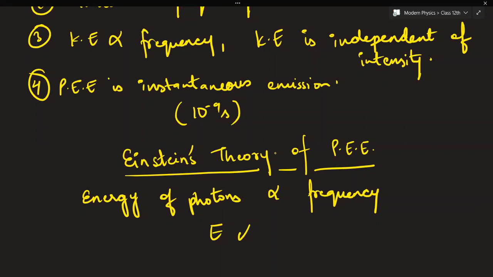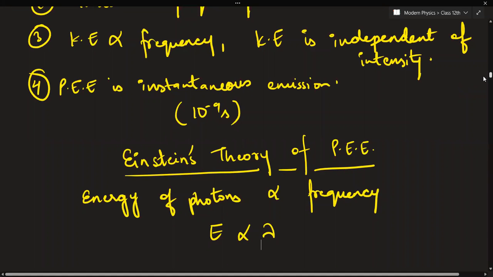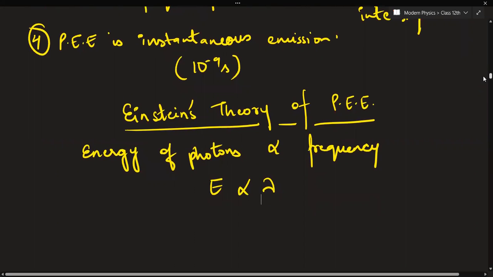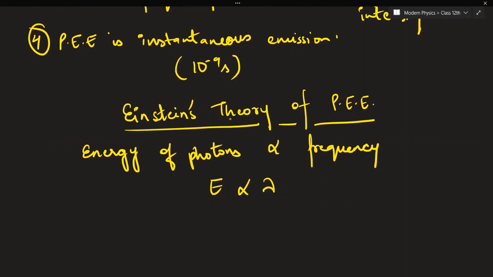So E is directly proportional to frequency. Here you get a constant term. This constant term is known as Planck's constant. This is denoted by the symbol h. So E is equal to h nu.